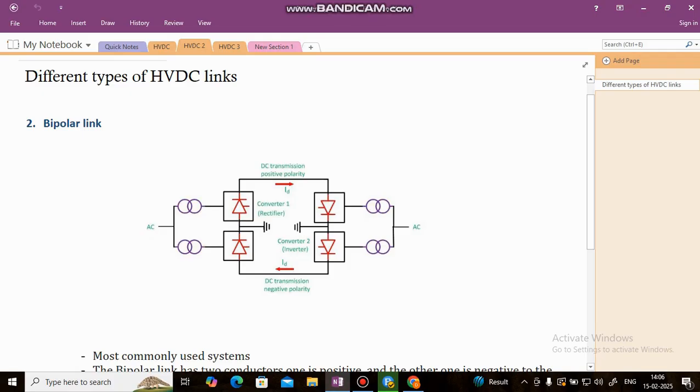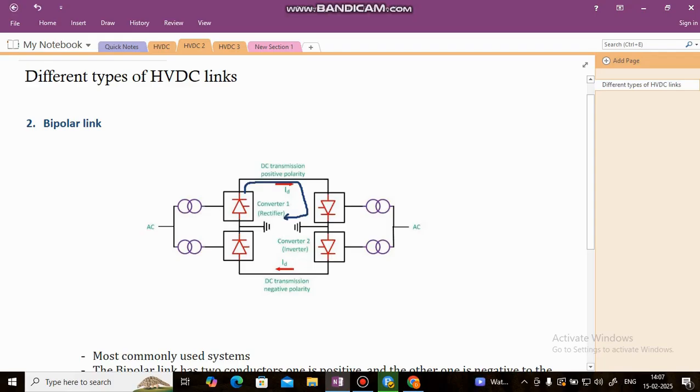Here you can see for the return path, there is a negative polarity conductor, and the converters, inverters and rectifiers are the same as they were in the positive polarity. So here the power transfer capability is just doubled, and the power is transferred in this closed loop. In case any fault occurs, then the path will be through the healthy conductor, and in this way power flows.